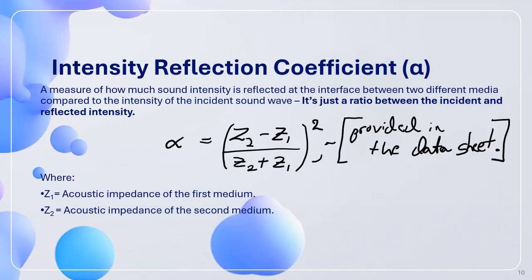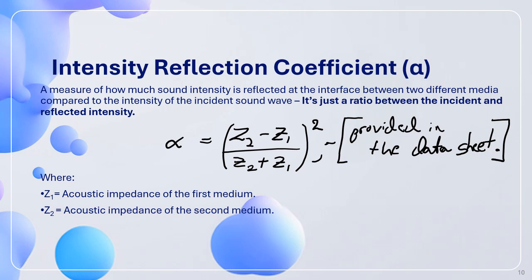Intensity reflection coefficient, right? This one is a measure of the ratio between the incident and the reflected intensity. It shows us how much of a wave is going to be reflected between two boundaries. These two boundaries have Z1 and Z2, which are the specific acoustic impedances for the first boundary and for the second boundary.